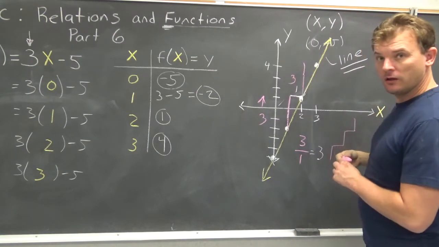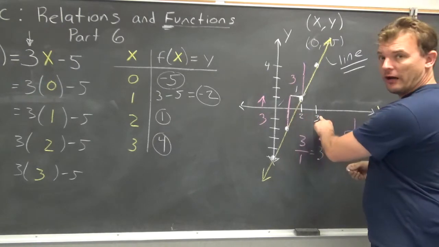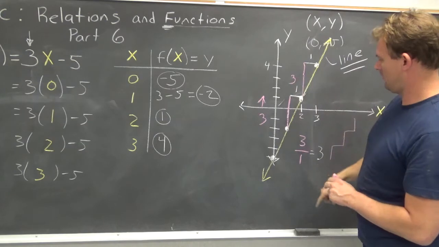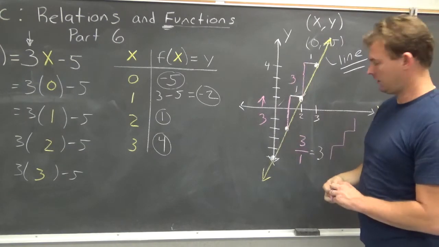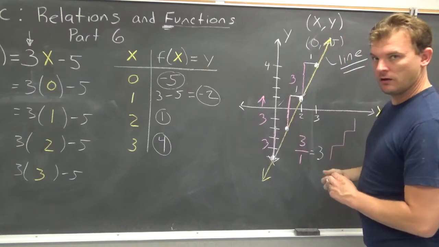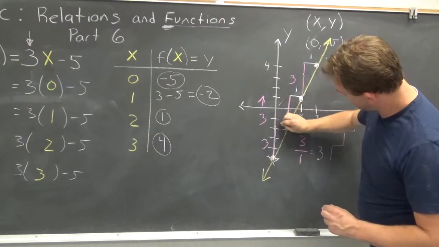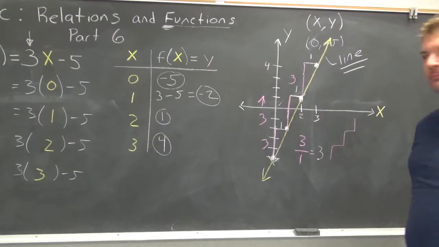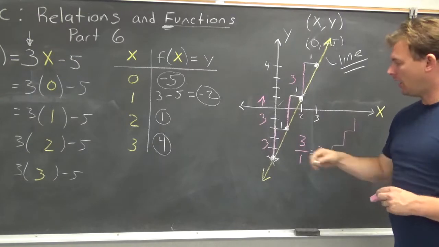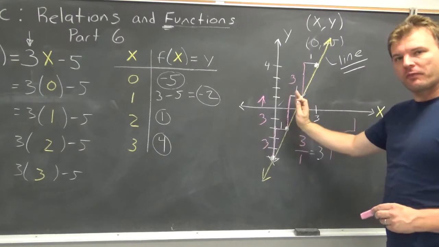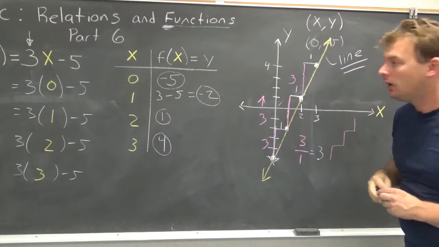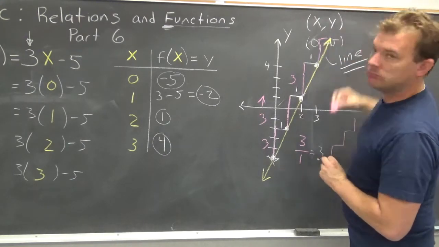How many over? 1. Same thing with this point. 1, 2, 3. Over 1. There you go. So, this is our rate. Up 3, over 1. Up 3, over 1. And we can keep going forever.